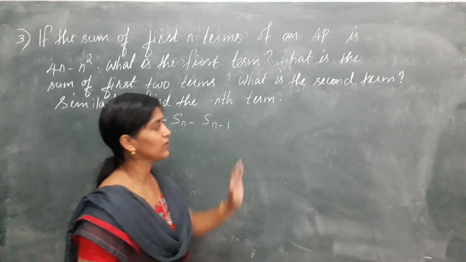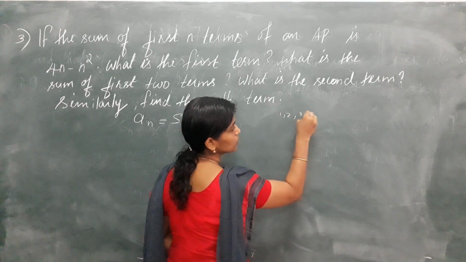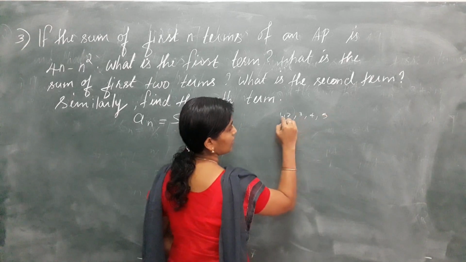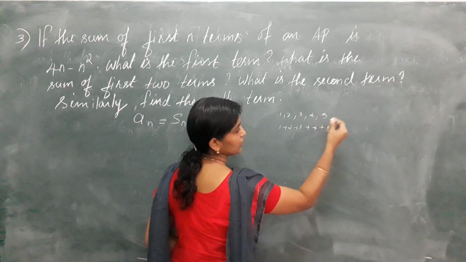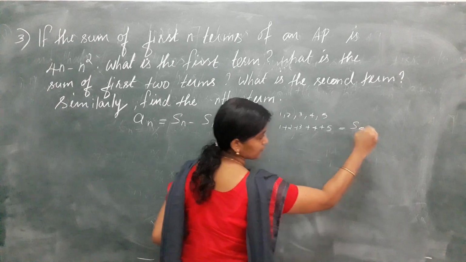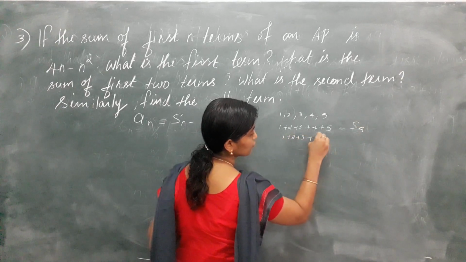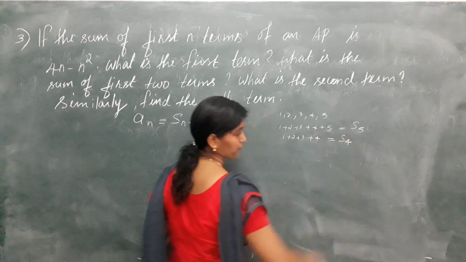I'll simply give you an example. Here if I take the AP 1, 2, 3, 4, 5, what is 1 plus 2 plus 3 plus 4 plus 5? It is denoted as S5. Now 1 plus 2 plus 3 plus 4 is denoted as S4.